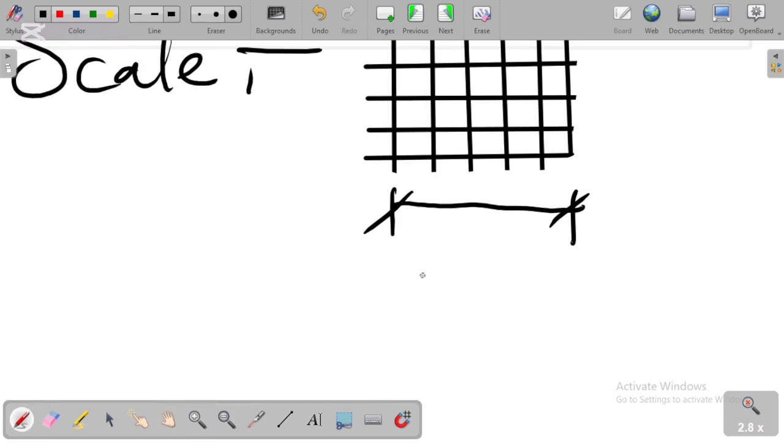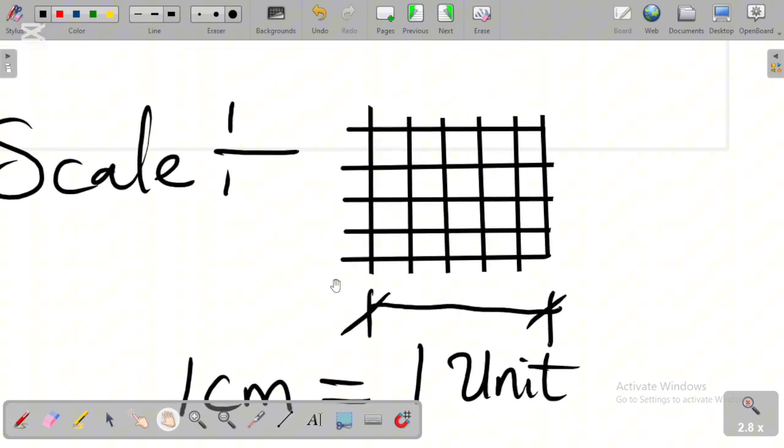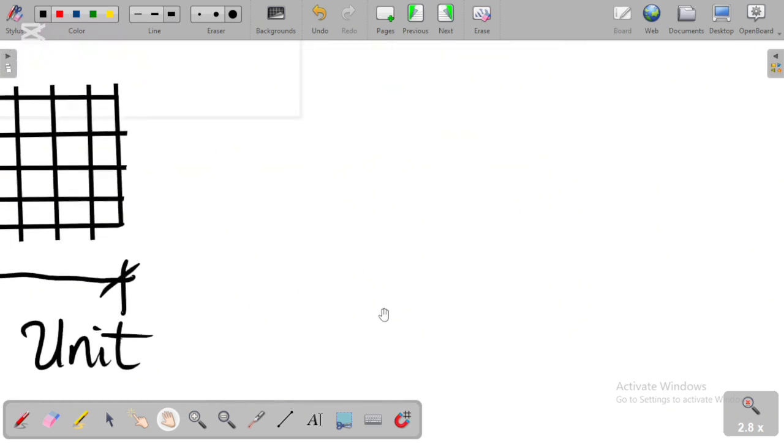Each box is what? 1 unit. And each box is 1 cm. Each box is what? 1 cm. You can confirm with your meter rule. Measure each box in a graph. It would give you 1 cm. And 1 cm is 1 unit.